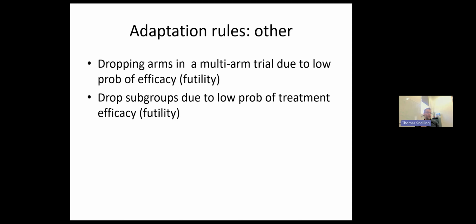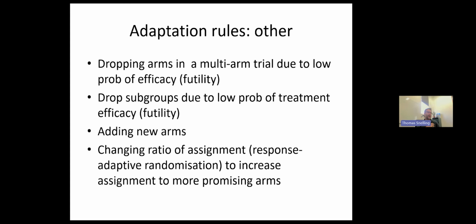Sometimes people want to drop pre-specified patient subgroups, due to a low probability of a particular treatment being effective for them, or being the best treatment option if it's a multi-arm trial. Sometimes people want to be able to add new arms, especially if some arms are being dropped over time, so that they can more fully explore the range of potentially beneficial interventions.